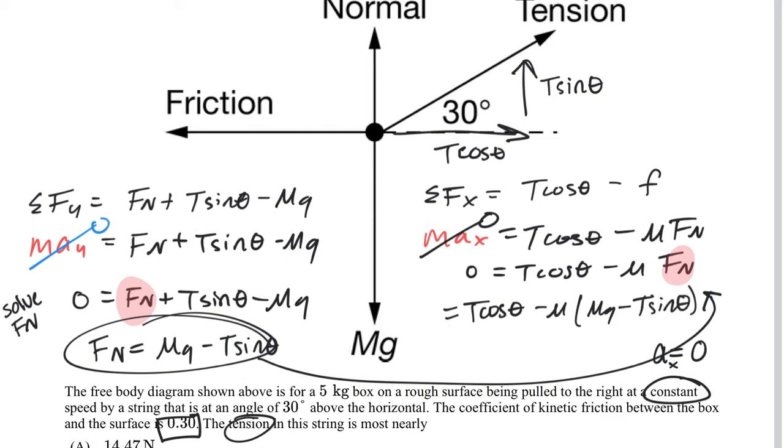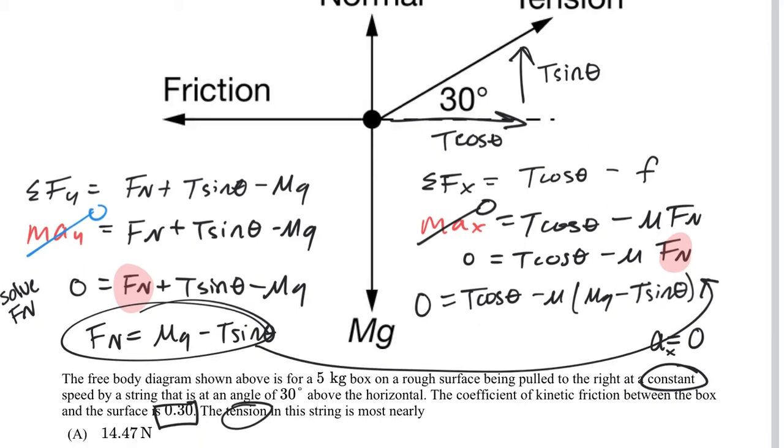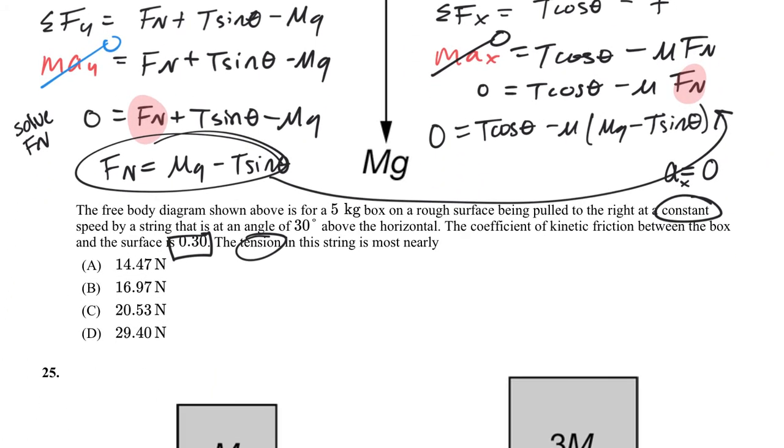So we're going to algebra this out. Let's bring this down so that we can get a little bit more space. We're going to break this down. We have T cosine theta, plus mu T sine theta, so I'm just breaking down that parentheses, minus mu times mg.